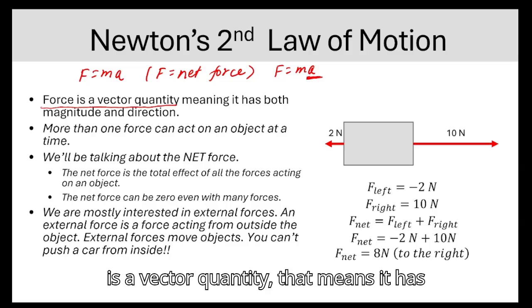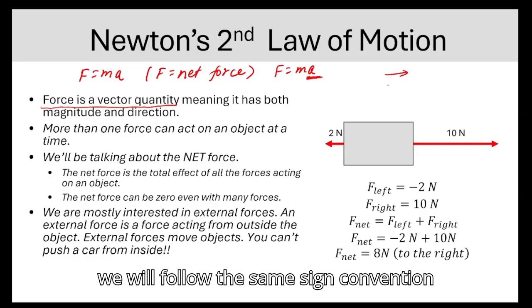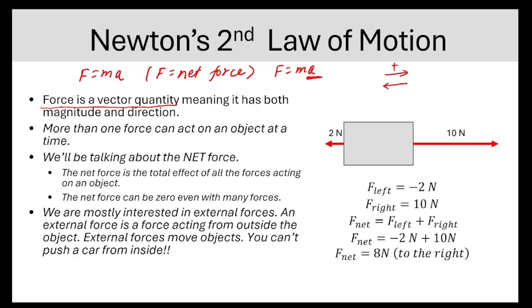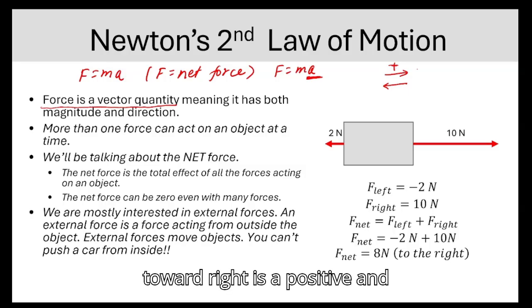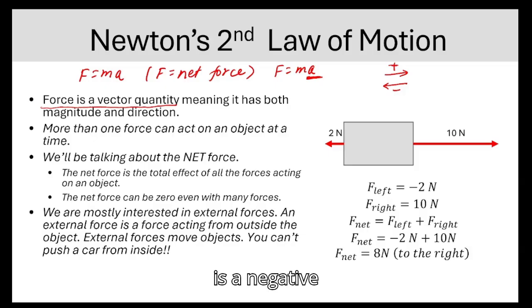If force is a vector quantity, that means it has both direction and magnitude, and we will follow the same sign convention we have been using. Force going toward the right is positive, and force oriented toward the left is negative.